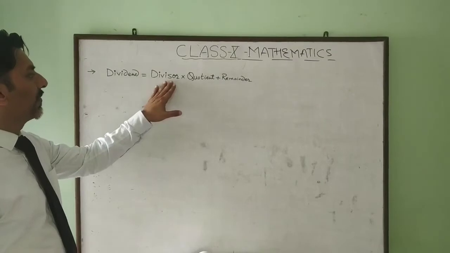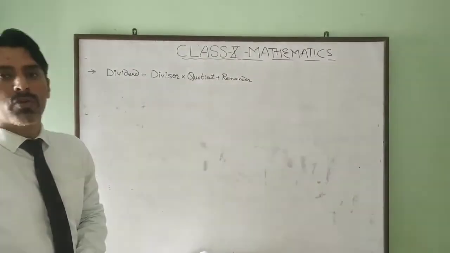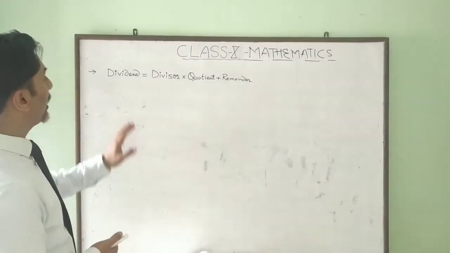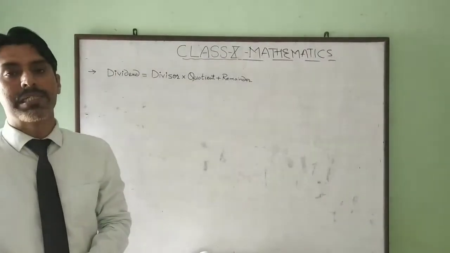Dividend equals divisor into quotient plus remainder is known as Euclid's division algorithm for integers. Similarly, this is called the division algorithm for polynomials also.